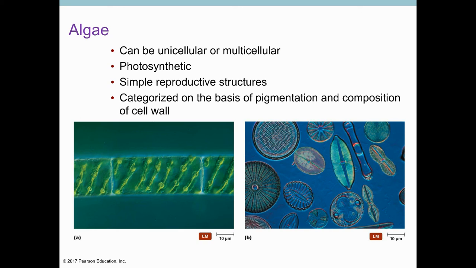Algae are closely related to plants. Some algae are unicellular, some are multicellular. Very few are pathogens, and that means that we are not going to talk about algae very much. Actually, I don't think we talk about any of the pathogens in this course. It would be so unusual for somebody to have a disease caused by an alga.